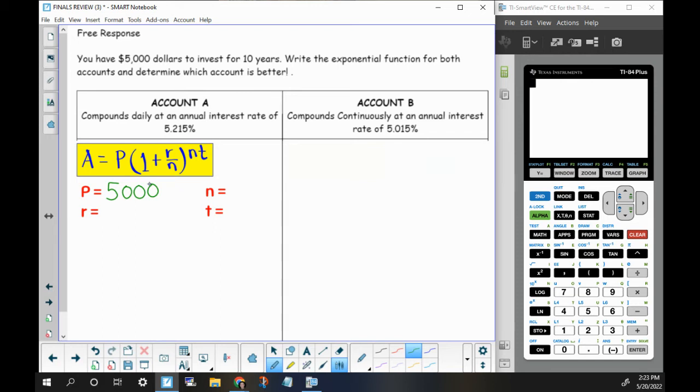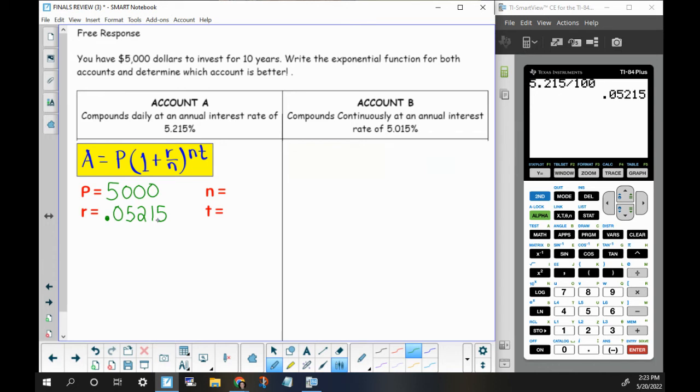Yes, and if we were to take 5.215 and divide that by what? 100, you would get 0.05215. So we will actually record that.